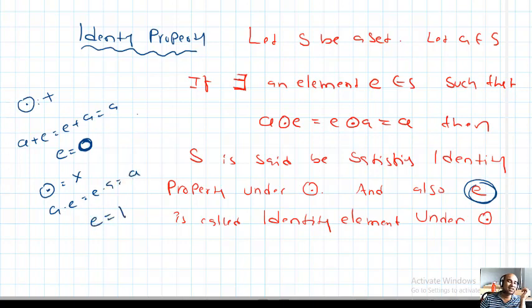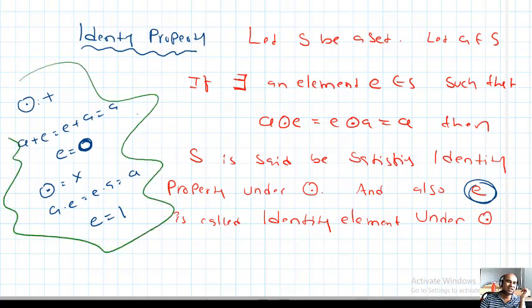This is the general concept, the general way I am explaining in the number system. So any set that satisfies this property under the operation plus, I can say that set satisfies identity property, and 0 is treated as additive identity and 1 is treated as multiplicative identity.